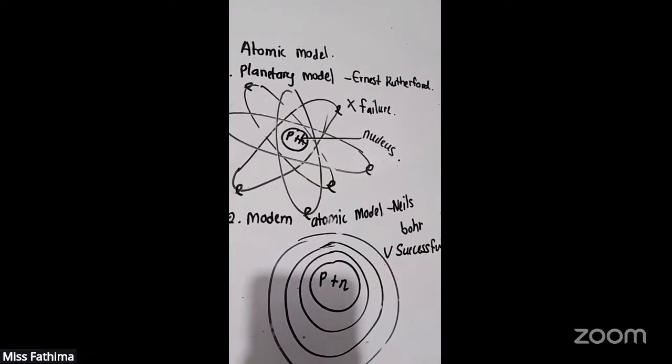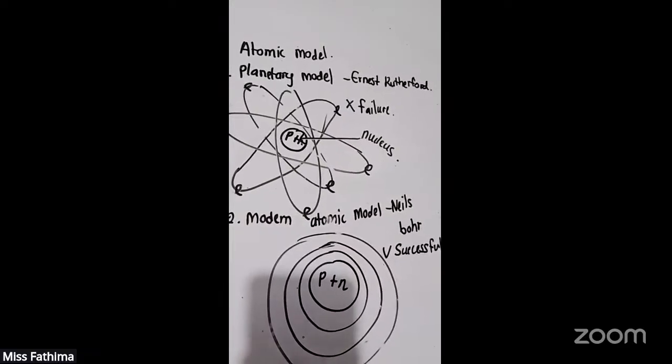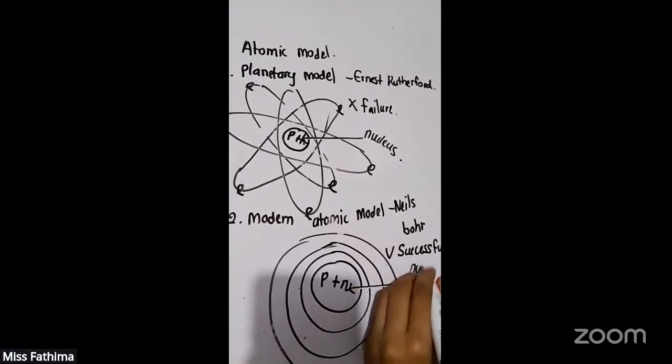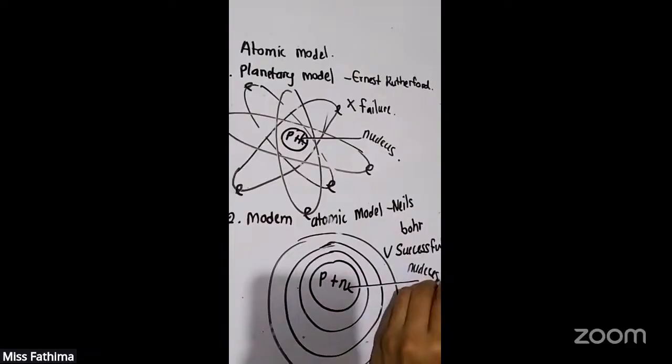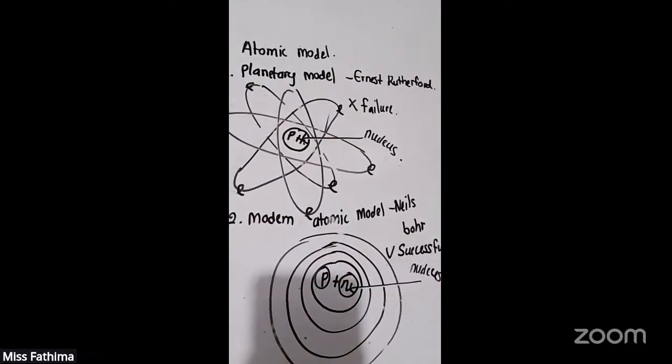The accepted atomic model is the modern atomic model, which was introduced by Niels Bohr. What did he tell? He took the same idea of the nucleus, where positive and neutral charges are present.